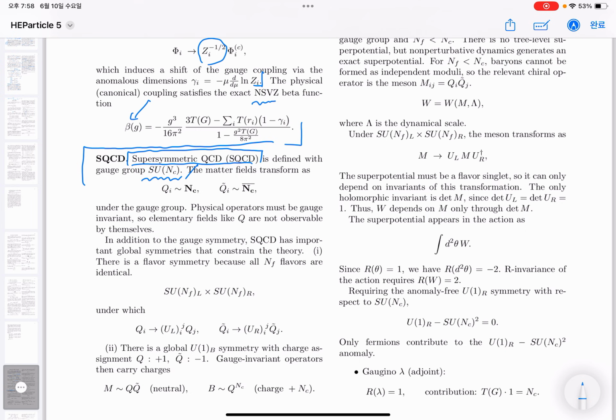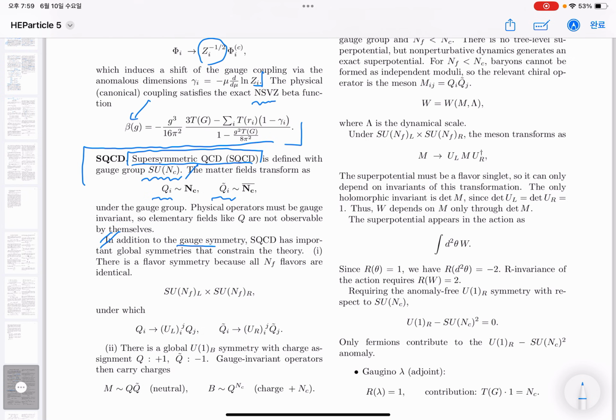Then the matter fields in supersymmetric QCD transform under SU(NC) for the quark field and its conjugate. The physical operators which make up the supersymmetric Lagrangians must be gauge invariant, so the elementary superfields like the Qs are not observable.